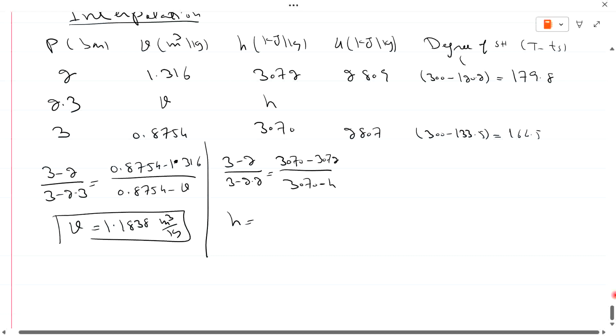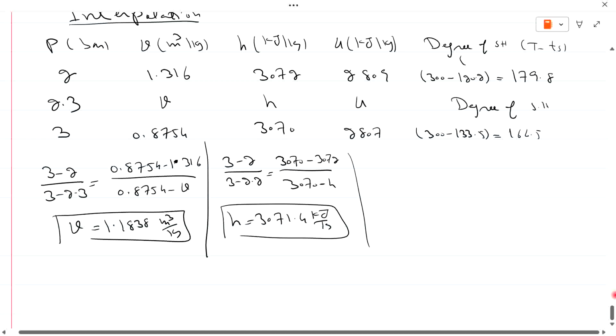So enthalpy is equal to 3071.4 kilojoule per kg.